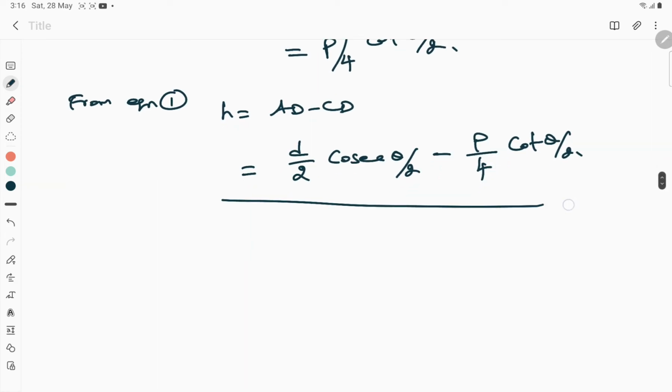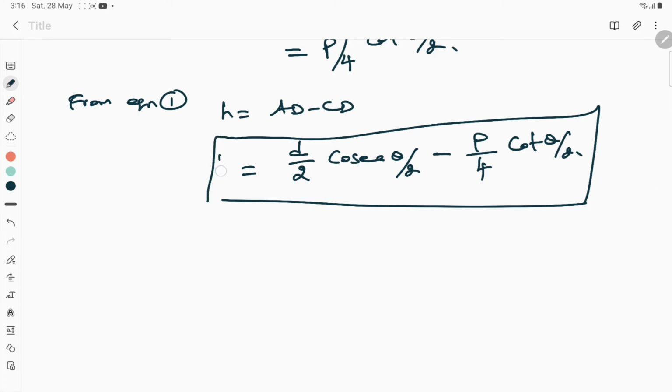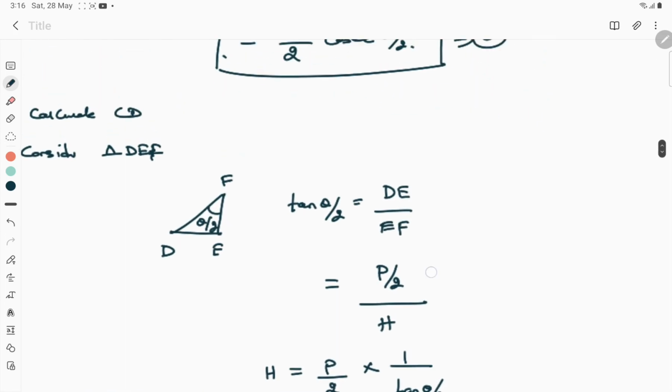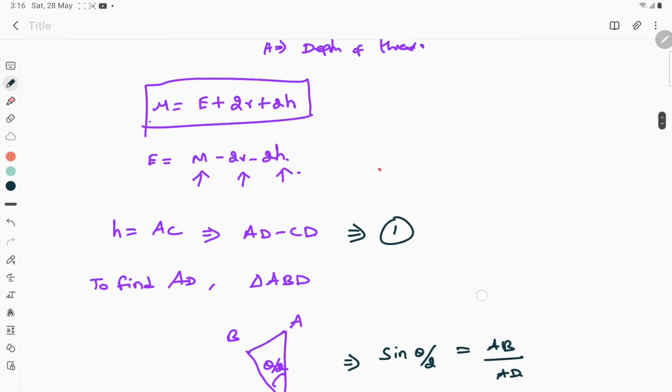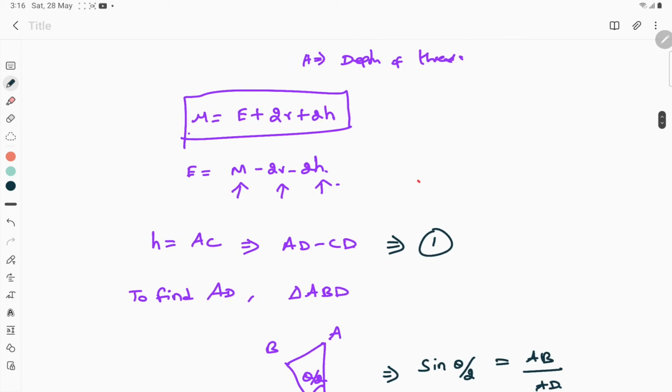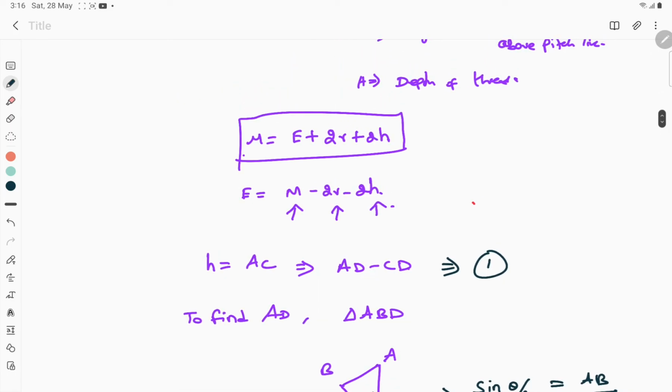So this is the value of h. If you remember, in the first relation m we already know from the micrometer reading, r is the wire diameter, and h alone we are interested to find, which we have found through the relation. Now let's substitute in this equation.